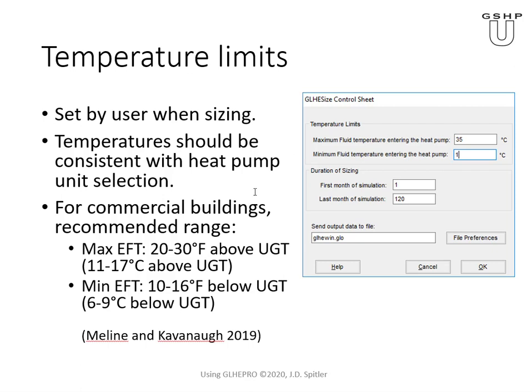And in terms of recommendations, a typical recommendation, found in a paper by Lisa Moline and Steve Kavanaugh, is that the maximum entering fluid temperature of the heat pump, for cooling conditions, should be somewhere between 20 and 30 degrees Fahrenheit above the undisturbed ground temperature, or 11 to 17 degrees Celsius above.